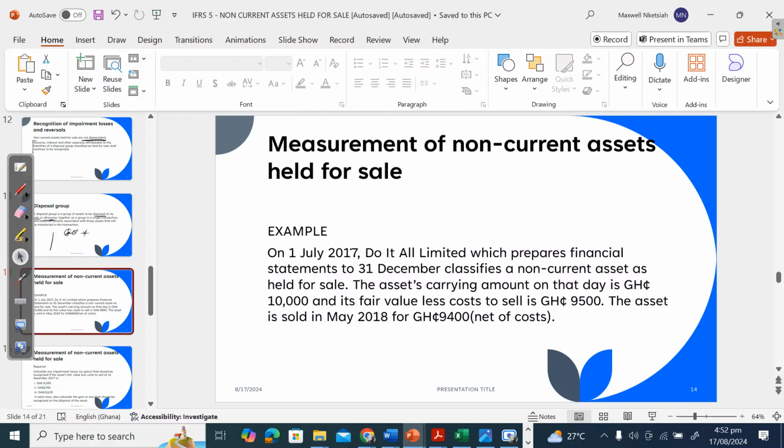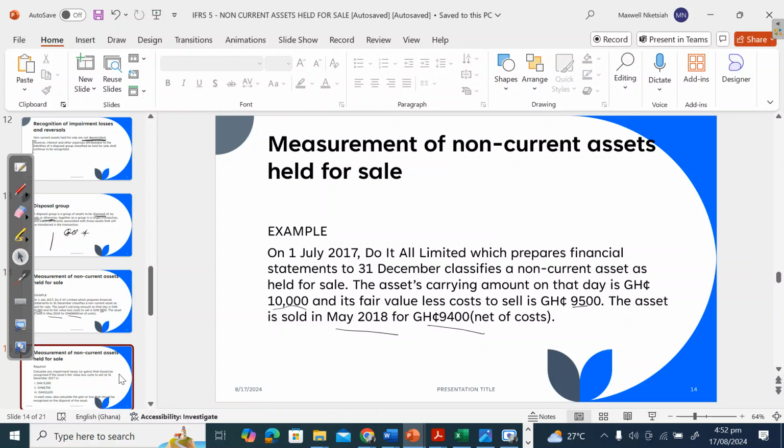The asset's carrying amount on that day is 10,000 cedis, and its fair value less cost to sell is 9,500. The asset is sold in May 2018 for 9,400.